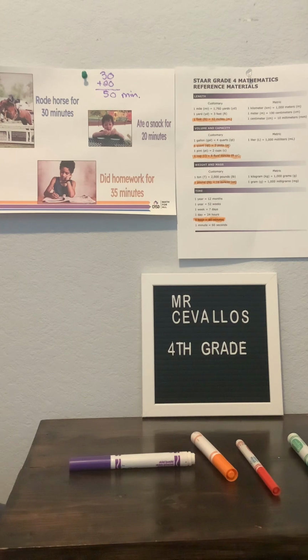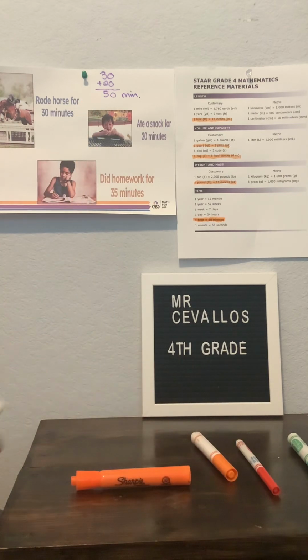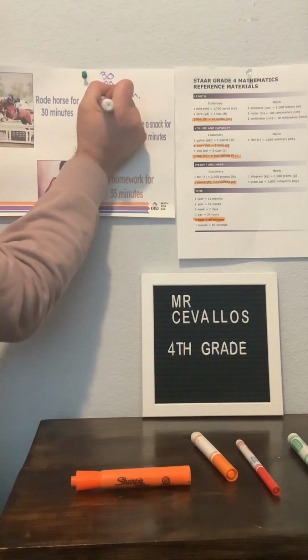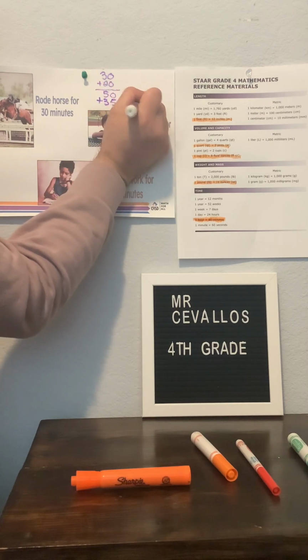Well, now it's time to get serious. And you got to do some homework, and you have to do homework for 35 minutes. So let's add it to our total. We have 50 minutes plus 35 minutes.